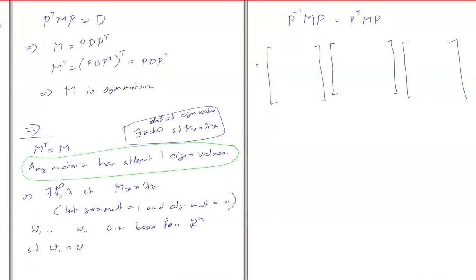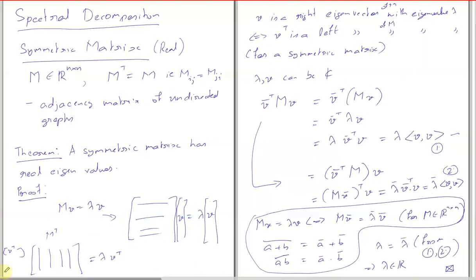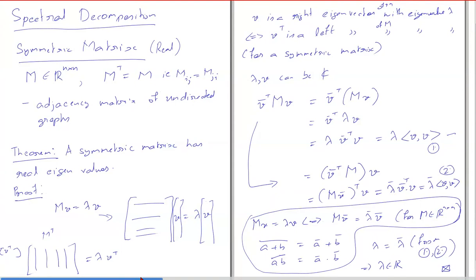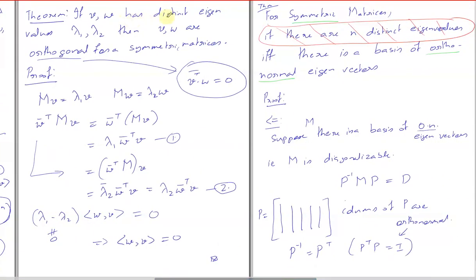So what did we do today? We were interested in symmetric real matrices. The first interesting thing is that all the eigenvalues of a symmetric matrix are real. Then we said that if you have eigenvectors with distinct eigenvalues lambda 1 and lambda 2, then the eigenvectors have to be orthogonal.